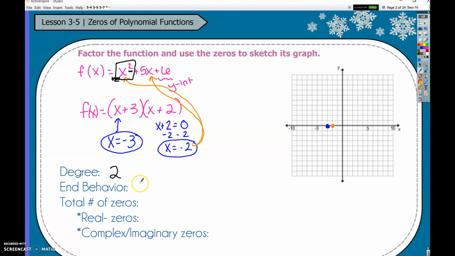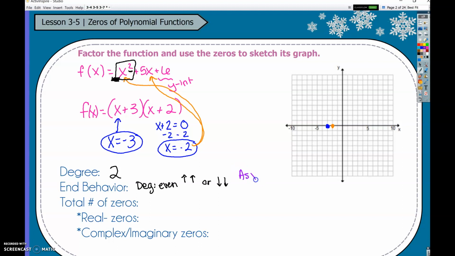So in this case, because our degree is even, we know that the arrows or the ends of our function will both be ending up or ending down. Now that's to say we need to know which one it is by checking the first coefficient, and since there's a 1 there that we don't see, it's a positive 1.